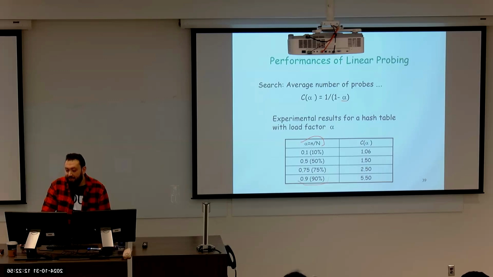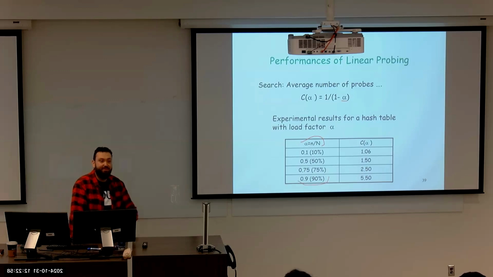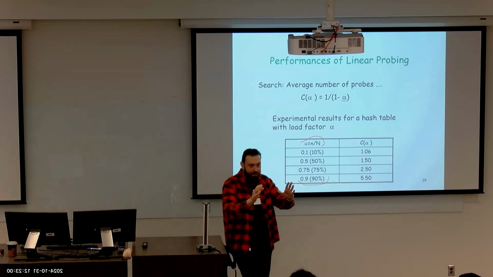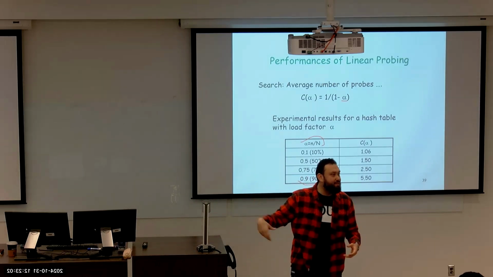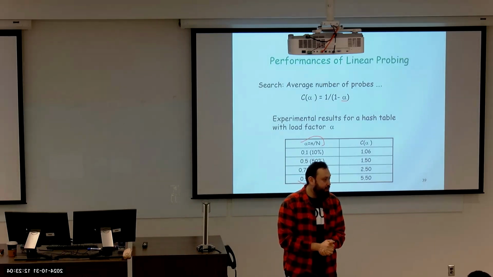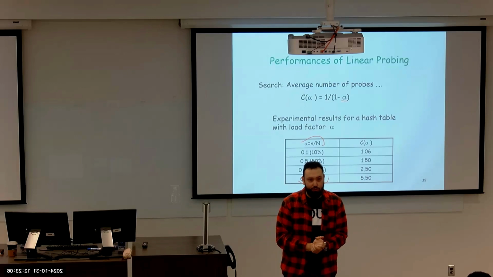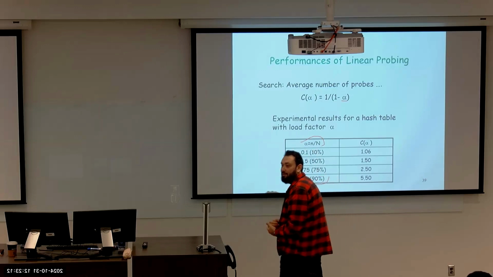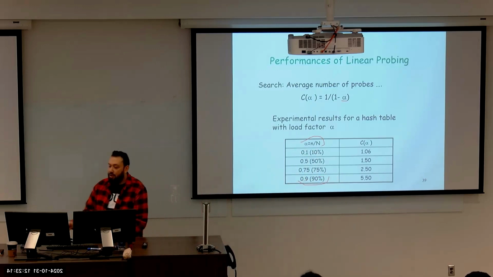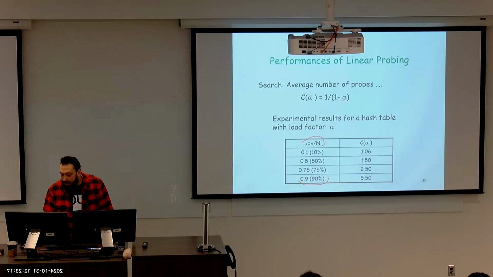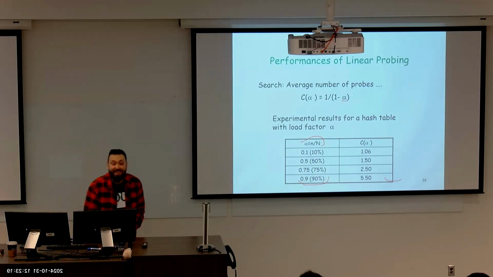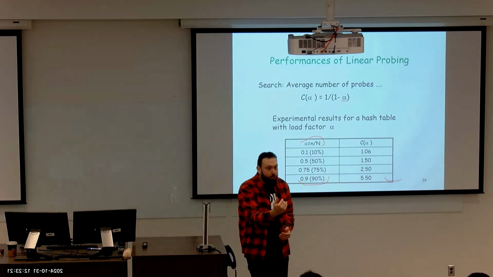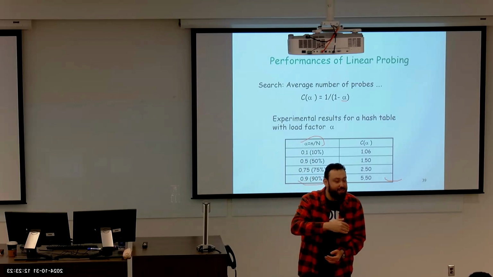If my load factor is 90%, that means 90% of my array is full. Let's say this class represents an array that can fit 140 students, and I already have 120 students in it. My average number of probes will increase a lot. It's going to be 5.5. That means my chance of ending up with O(n) is very high.